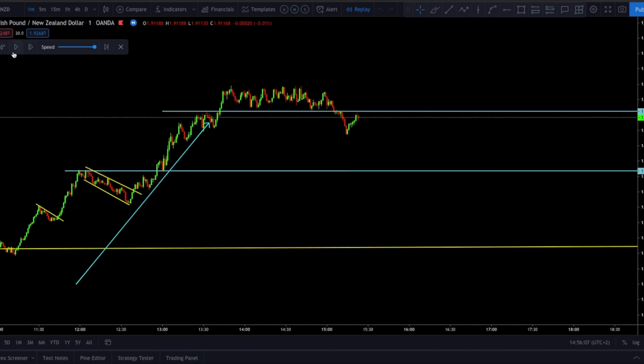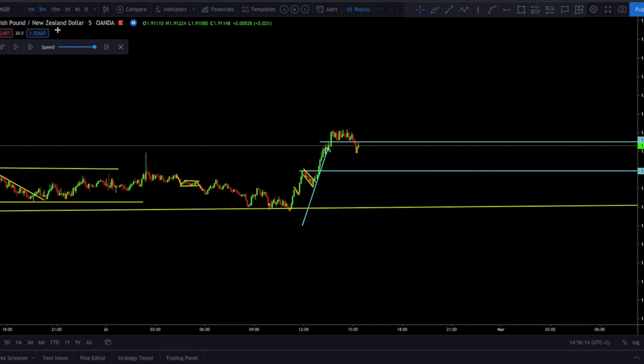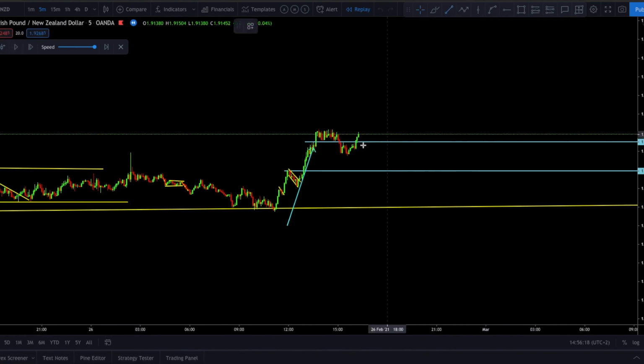Okay, it looks like we are on a higher time frame correction. Let me use 5 minutes now. So once we break the trend line, probably going up, we're taking that trade.